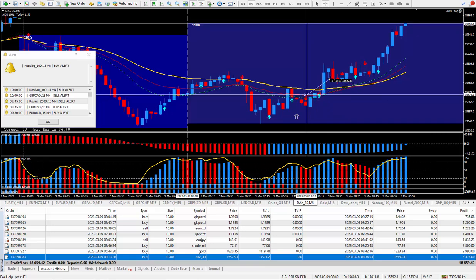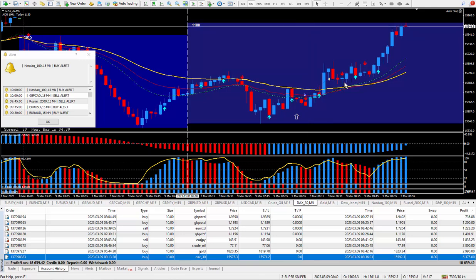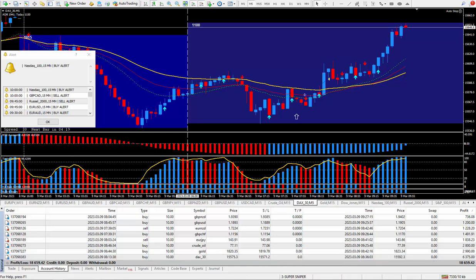So from there to there, well, that's as close as I'm going to be able to get. But the calculator says it's 170 times the money and the lots, paid out $6,375. So another great day of trading using my Super Sniper.